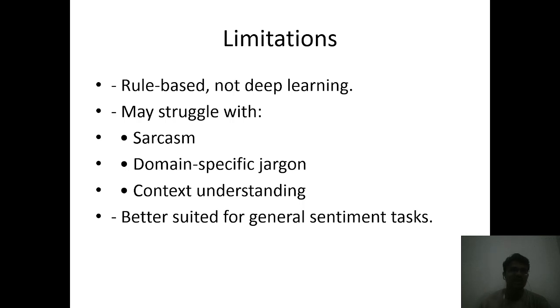So it is not very accurate, but for smaller data sets it can be usable. It may struggle with sarcasm, domain specific jargon and context understanding. These are some of the limitations, and it is better suited for general sentiment tasks.